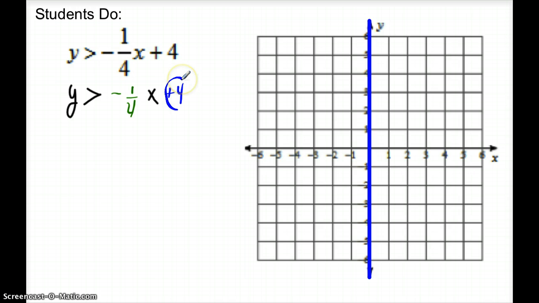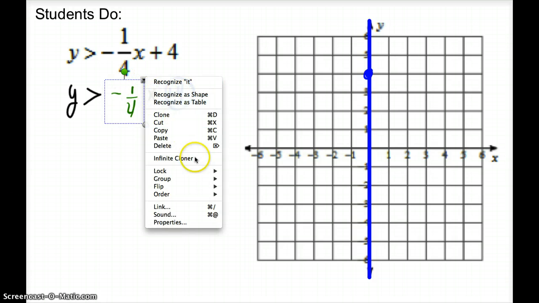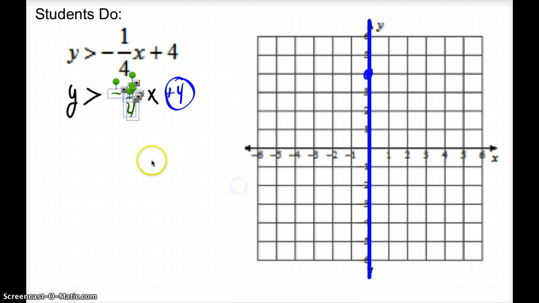So again, starting point, y-intercept on this line, 1, 2, 3, 4, and with a negative 1/4, what's really important is this negative sign. This negative sign can go to either the 1 or the 4, not both, one or the other. I'm going to put it on the 1. I like to do the rise values first. Down 1, plus 4. 1, 2, 3, 4. Starting point, move my slope, there we go.